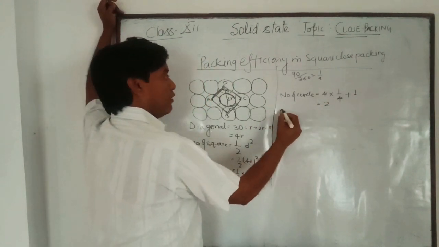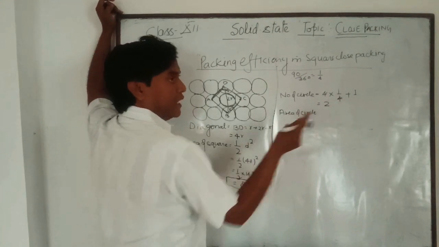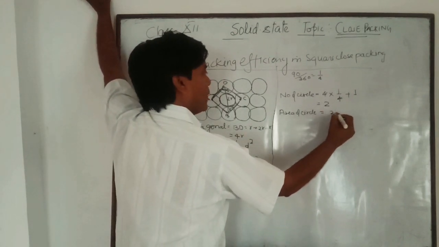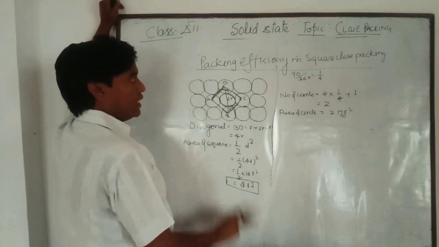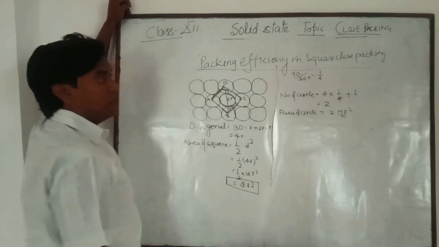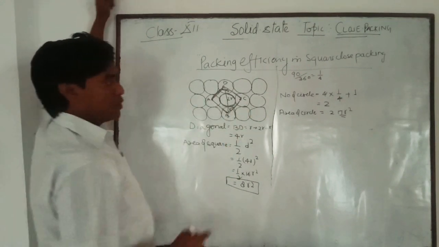Now the area of the circle, the constituent particles, is 2 pi r square. Area of one circle is pi r square, and how many effective circles are there? 2. Then the total area of the circles in this unit cell is 2 pi r square.